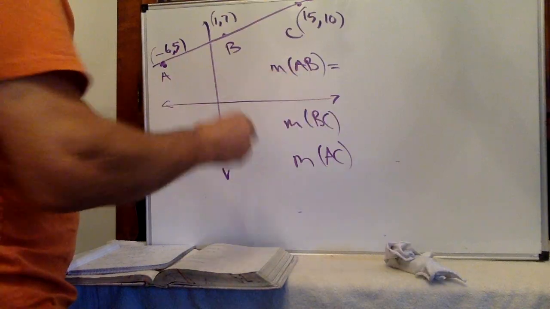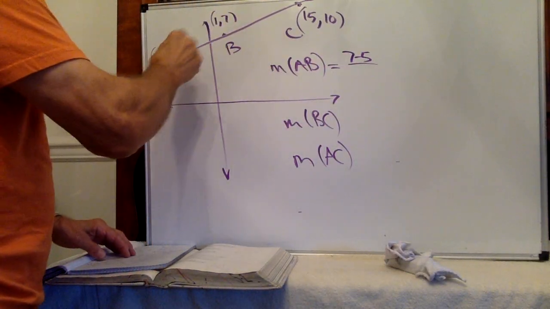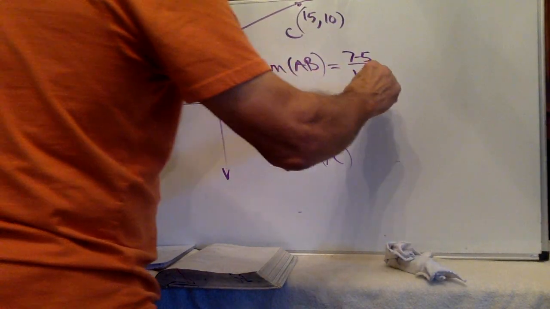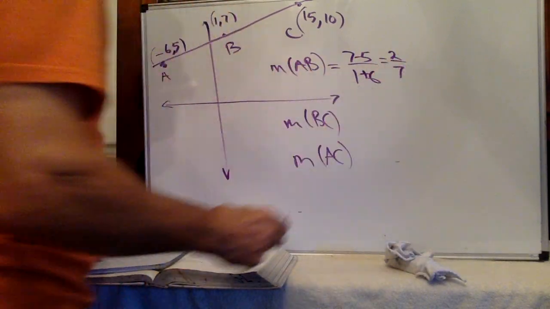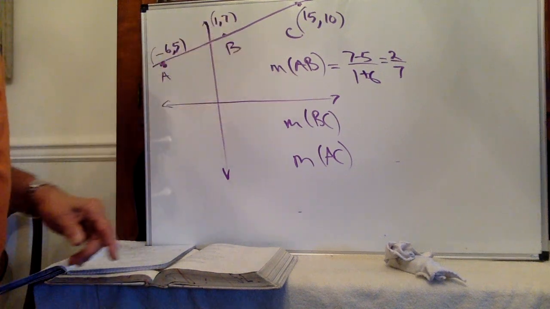All right, the slope of AB, 7 minus 5 over 1 minus negative 6. 1 minus a negative is plus 6. 7 minus 5 is 2, so 2 sevenths. So the slope of AB is 2 sevenths.